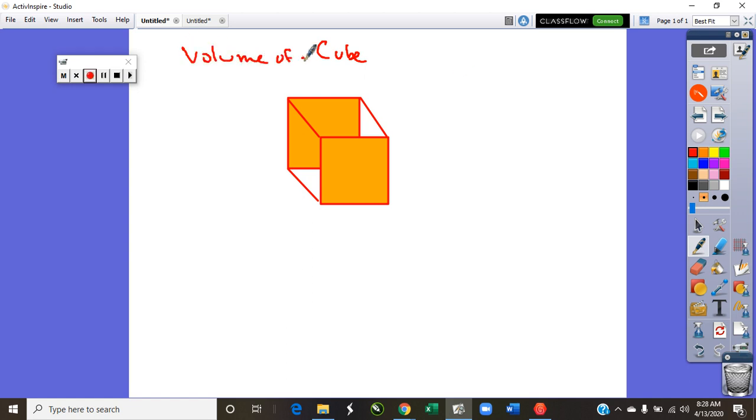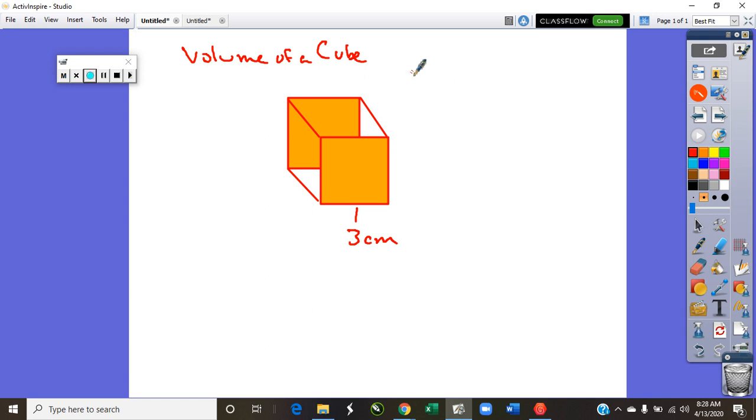Let's give this some dimensions. Because it's square, all the sides are the same, so I really only need one dimension. Let's say this was 3 centimeters, and that's all I'm given. Well, that's plenty. That's all I need in order to find the volume of a cube. Why is that? Because they're all the same. If this side is 3 centimeters, then this side is 3 centimeters. All of the sides are 3 centimeters.